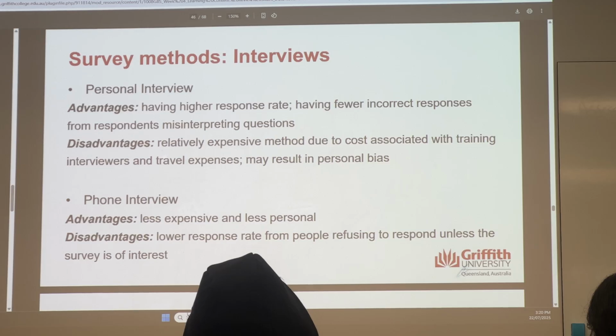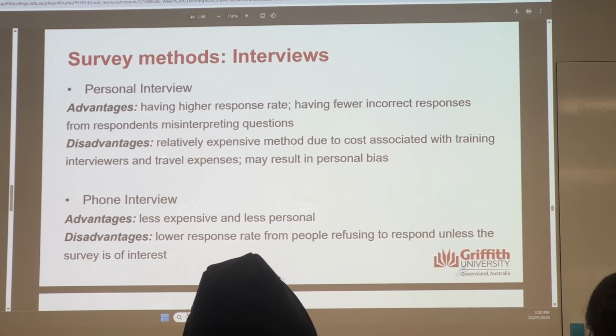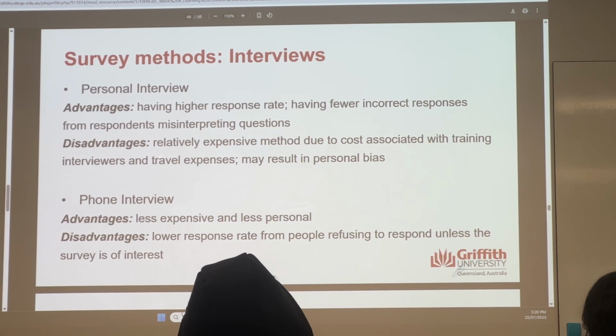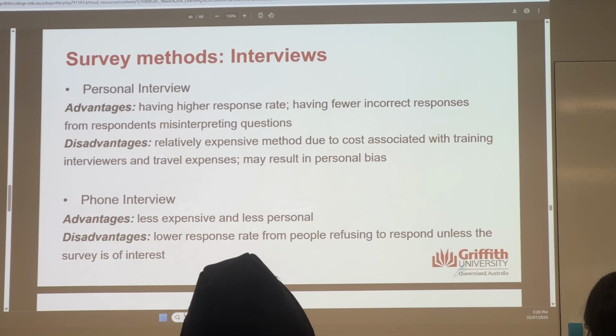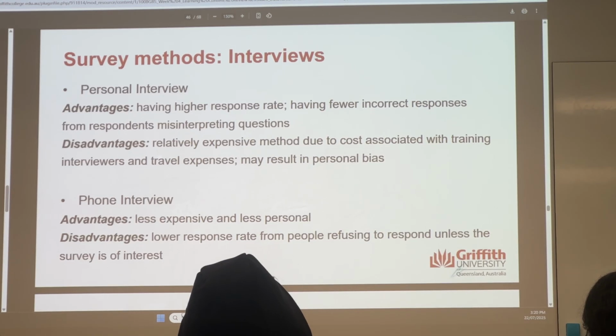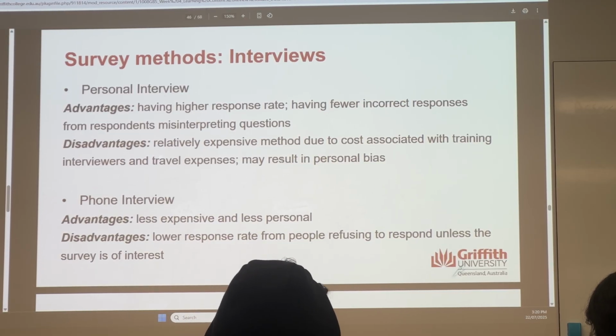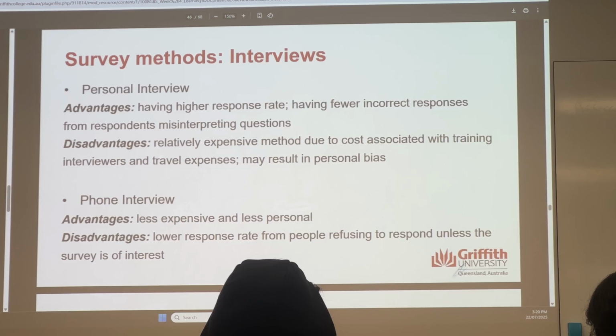The disadvantage is it can be very expensive. Expensive means this will cost you a lot, because you have to use someone to do the data collection, and you have to pay.